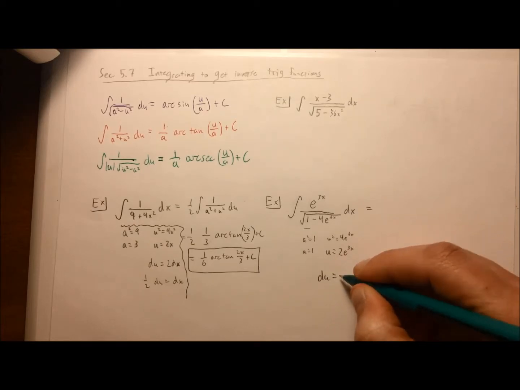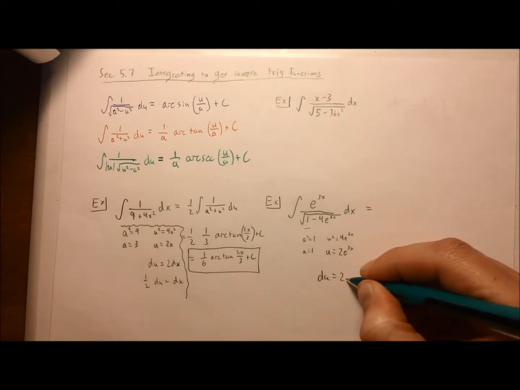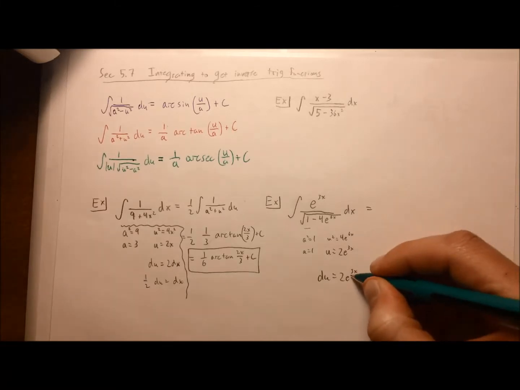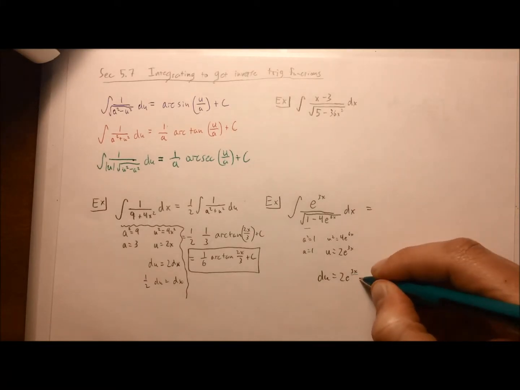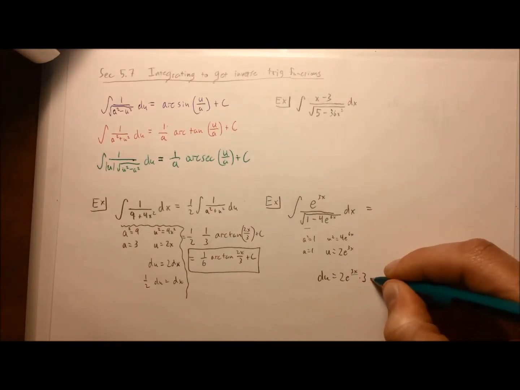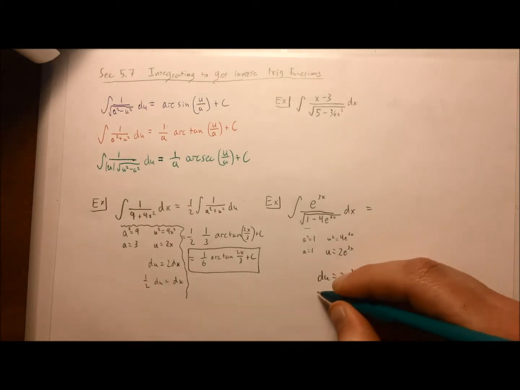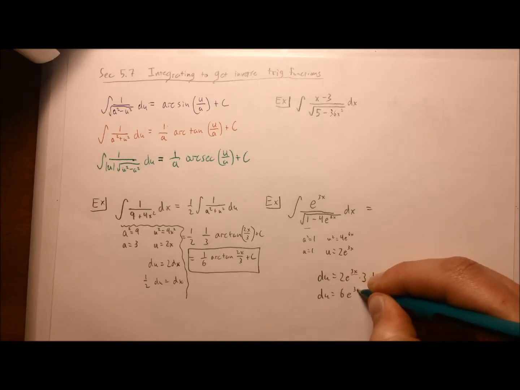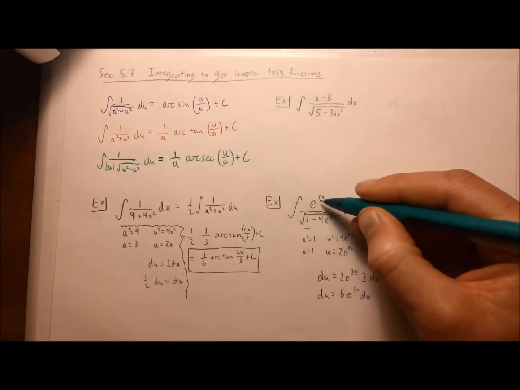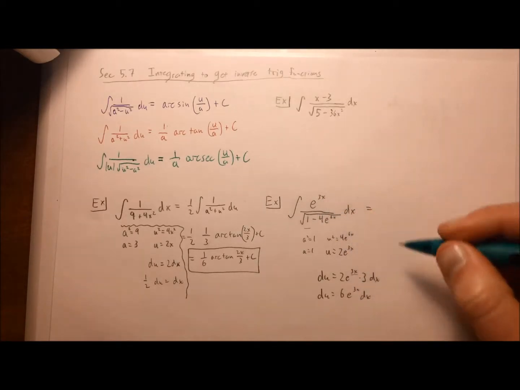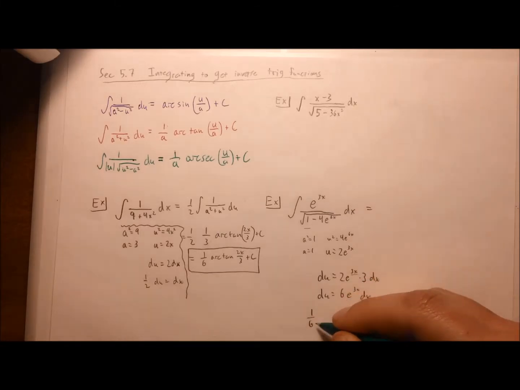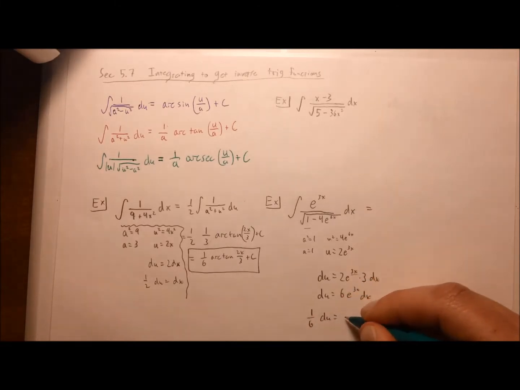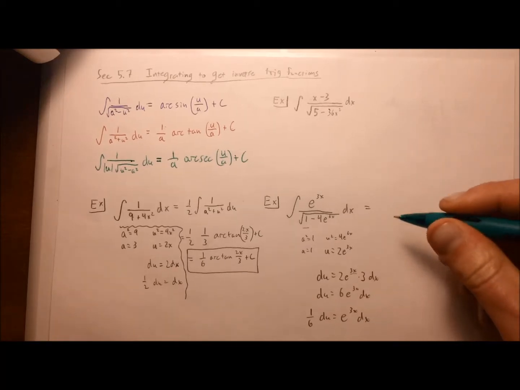Du is going to be 2e to the 3x. Chain rule. The derivative of the 3x right here is 3 dx. Simplifying a little bit, 6e to the 3x dx. You'll notice on top here, we don't have 6e to the 3x, so let's make it 1/6 du is equal to e to the 3x dx.